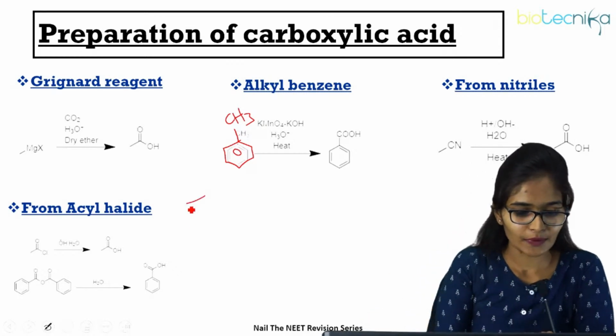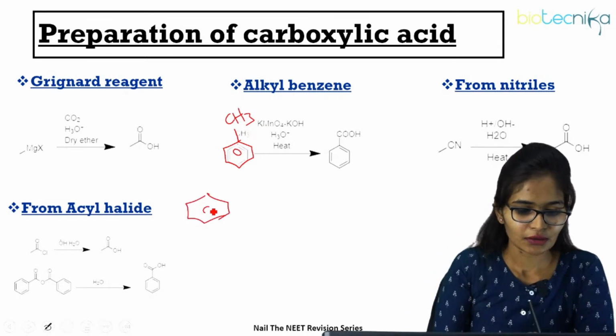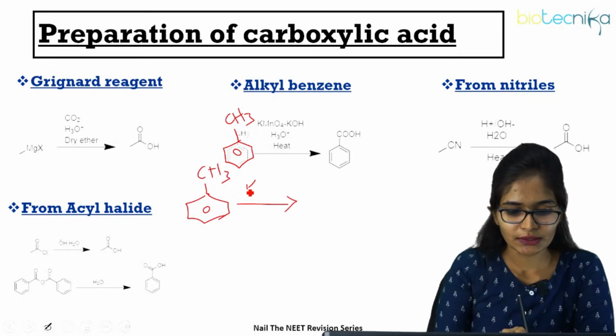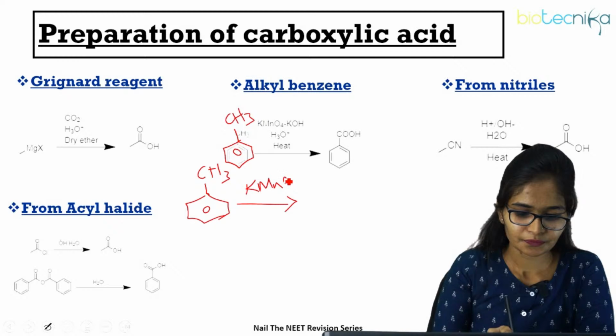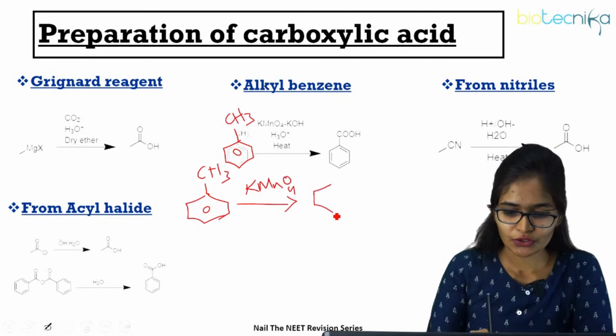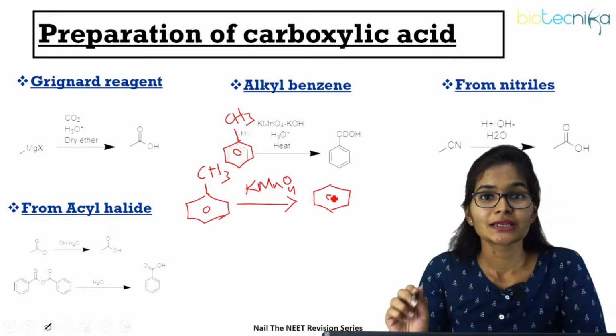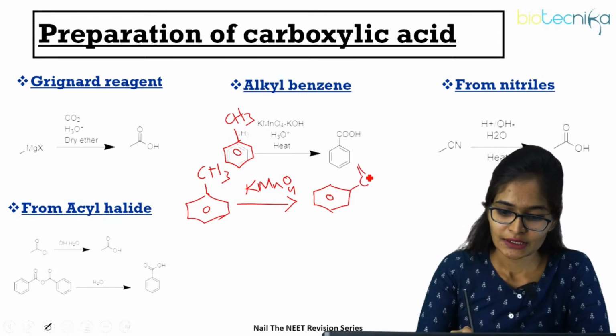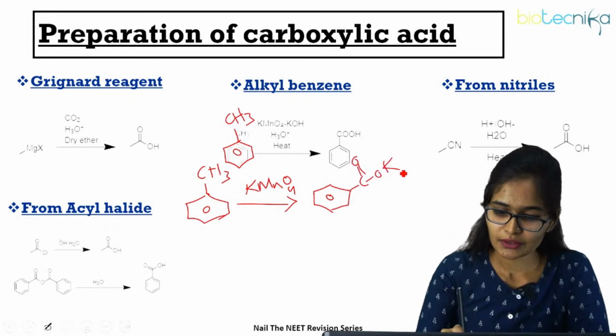So first, this toluene which is carrying CH3, you are treating with KMnO4. First you will get the potassium salt of benzoate. So I will show it like this, COOK you have got.